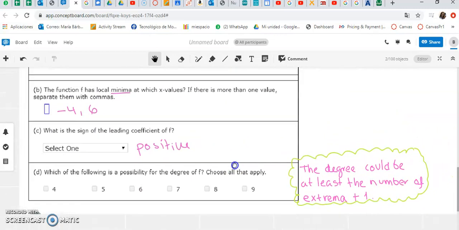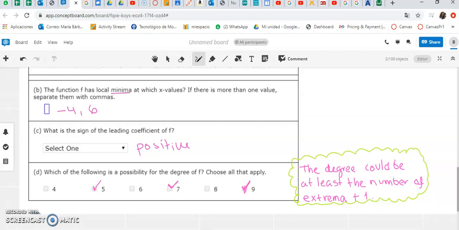And check again the rule. It says the degree could be at least the number of extrema, which is 4 in this case, plus 1. So it could be 5 or more, okay? Now, in the solution, you are going to select 5, 7, and 9.